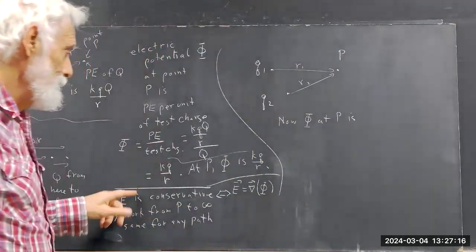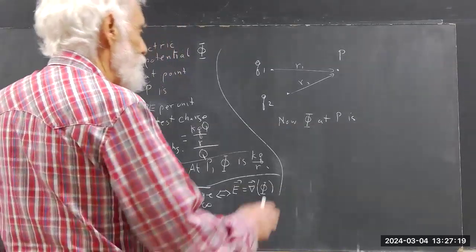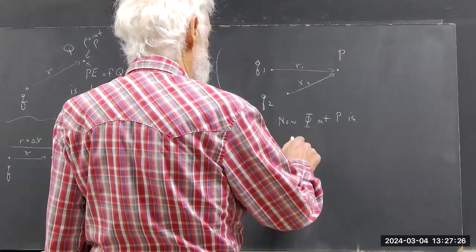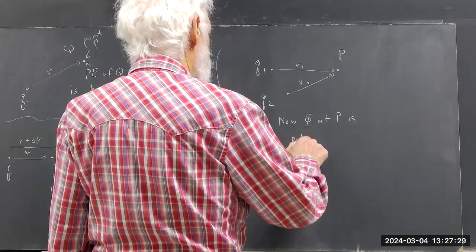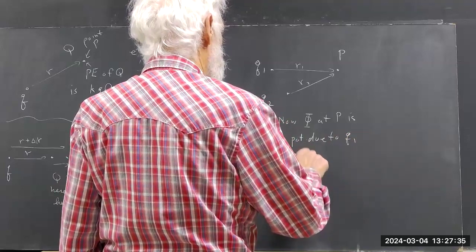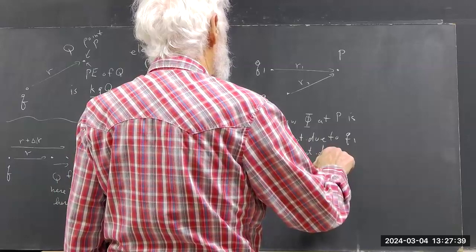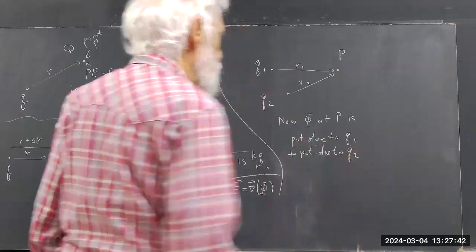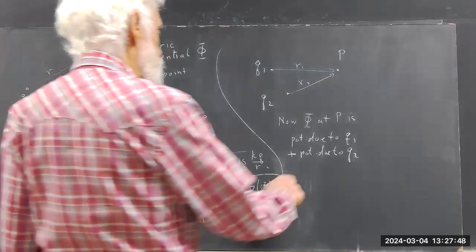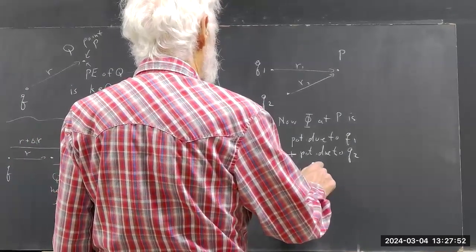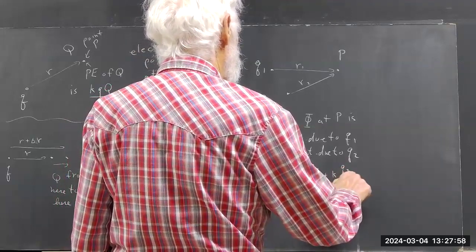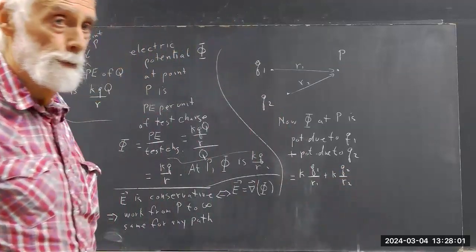and the fact that the field is conservative ensures that the potential at P is the potential due to Q1 plus the potential due to Q2, which is just K Q1 over R1 plus K Q2 over R2.